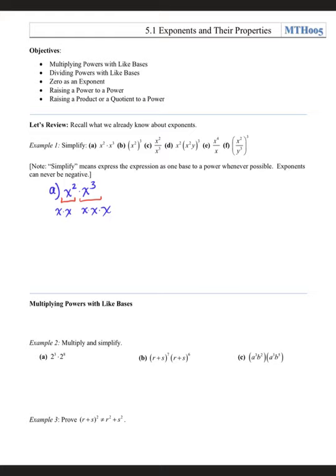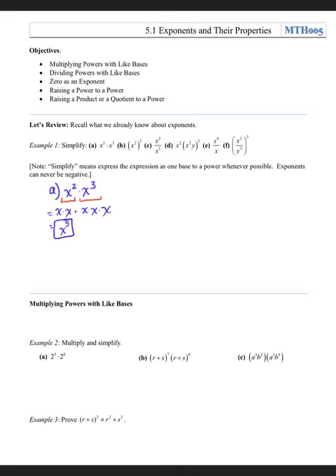Between the two there is a multiplication sign, so we put the multiplication sign back in between them. I'm going to put an equal sign in front of all those. Now, when we count them all up, we have the base of x, but now there are 5 of them all together. So you can see that this first problem, x squared times x cubed, simplifies to x to the 5th.